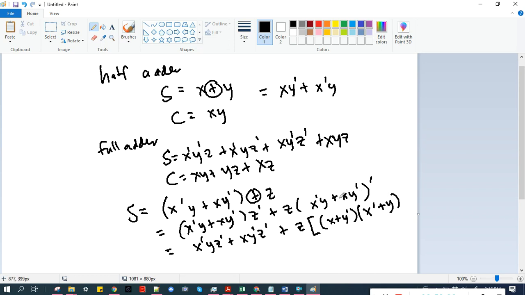We use multiplication, the AND operation, instead of OR, and then we complement each term.